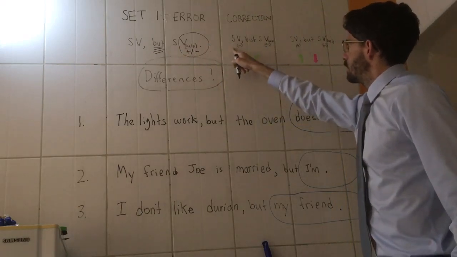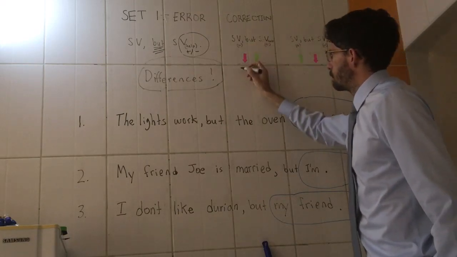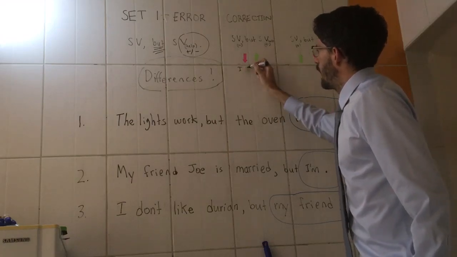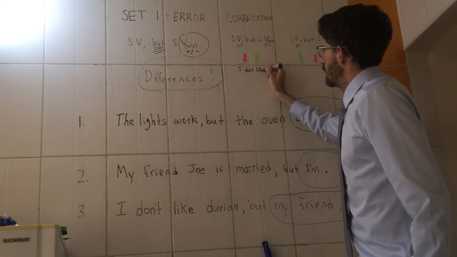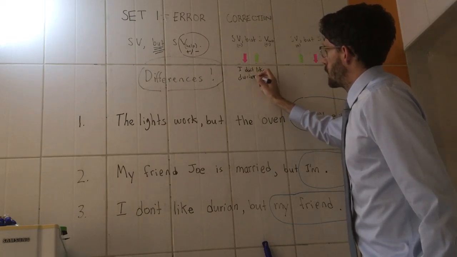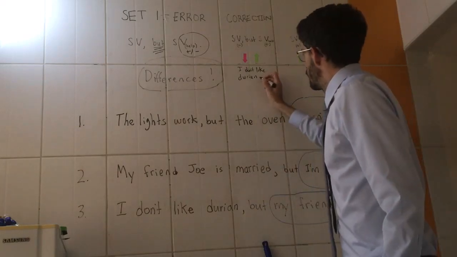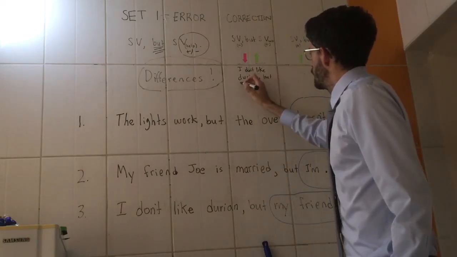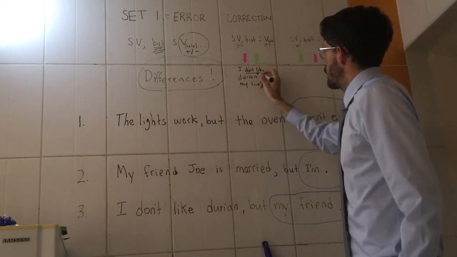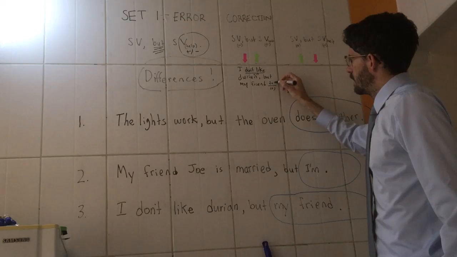So example, subject negative, but subject positive. So for example, I don't like durian. Durian is a type of fruit in Southeast Asia, comma, but my friend, I don't like, so that's negative, but my friend does, period.